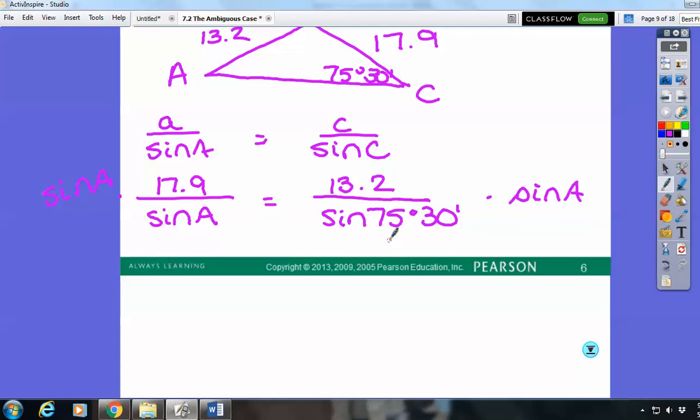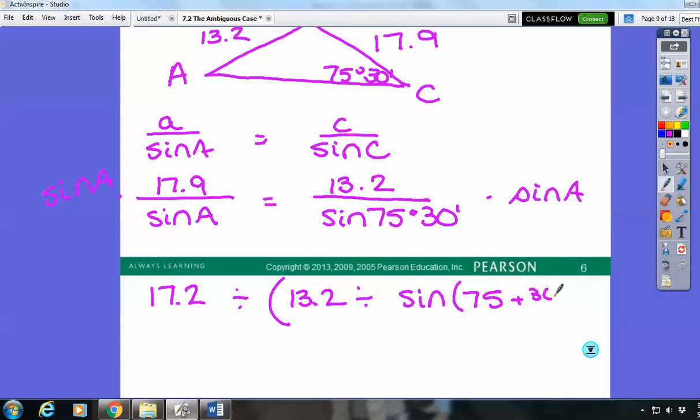So what you are actually going to type in your calculator is 17.9 divided by, big parenthesis, 13.2 divided by sine 75 degrees, 30 minutes, so you do 75 plus 30 over 60. Make sure you are in which mode? Degree mode.